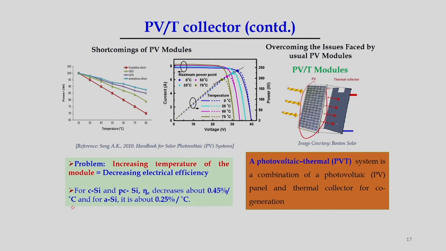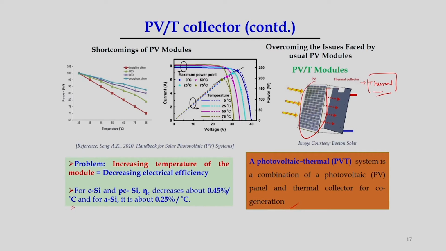At the back side, if we make some kind of arrangement which provides some cooling effect, that actually increases the utility of thermal energy as well as increases the electrical conversion efficiency. Okay? So, this photovoltaic thermal system is a combination of photovoltaic panel and thermal collector for cogeneration.